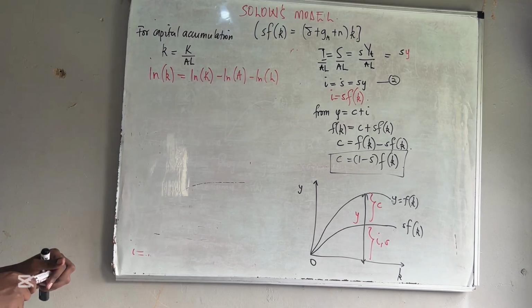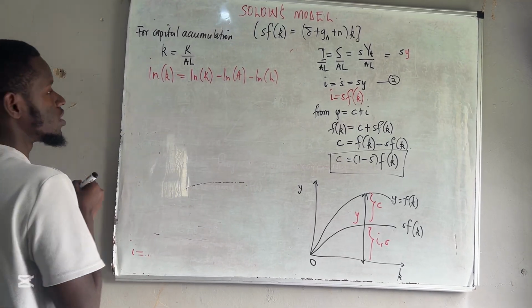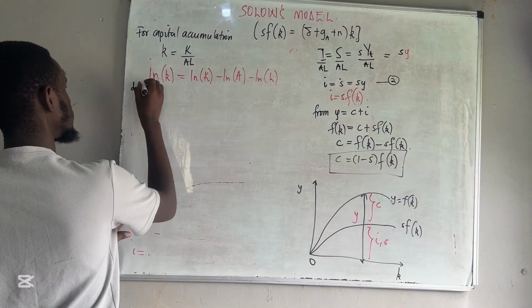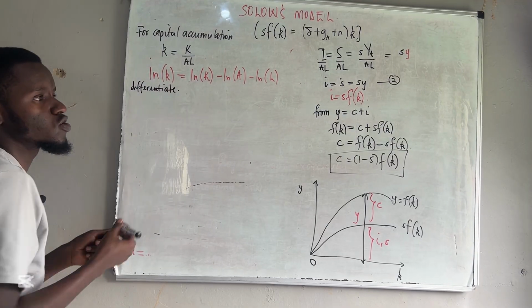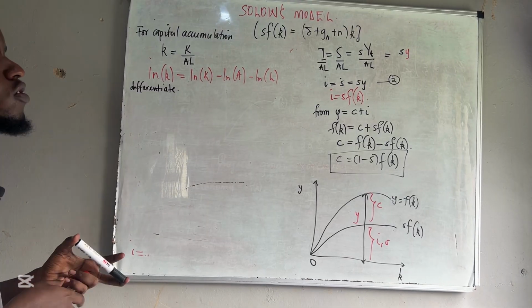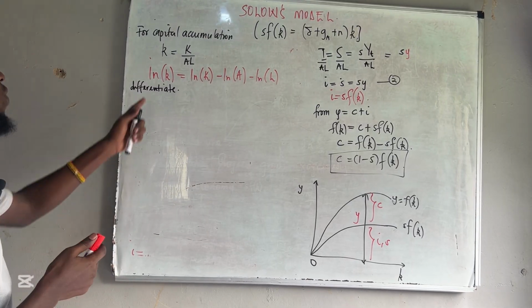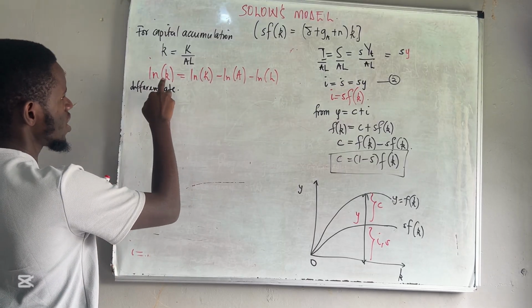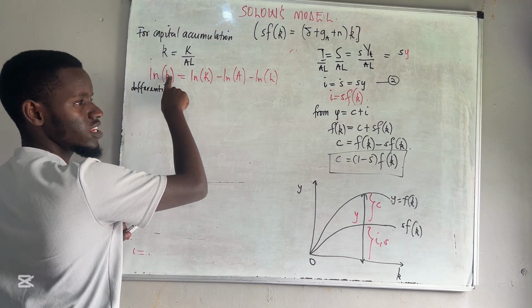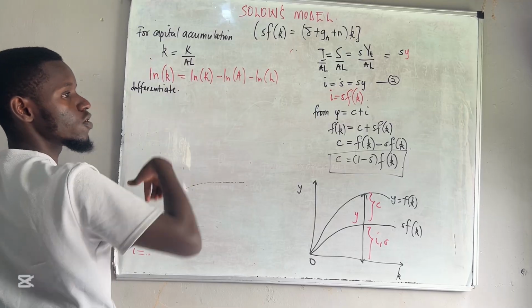Now, from that step, I differentiate with respect to t, as we did in the Solow model. If I'm differentiating a natural log function, I differentiate the variable and then divide by the original variable.